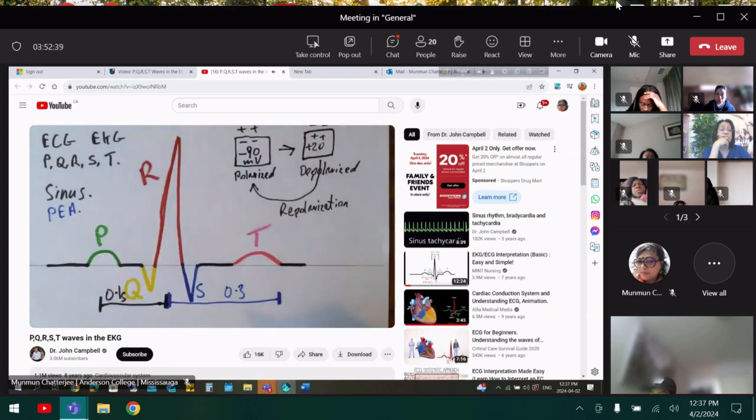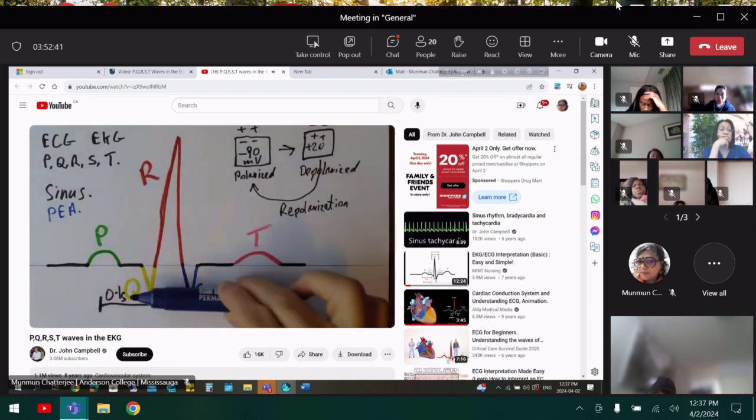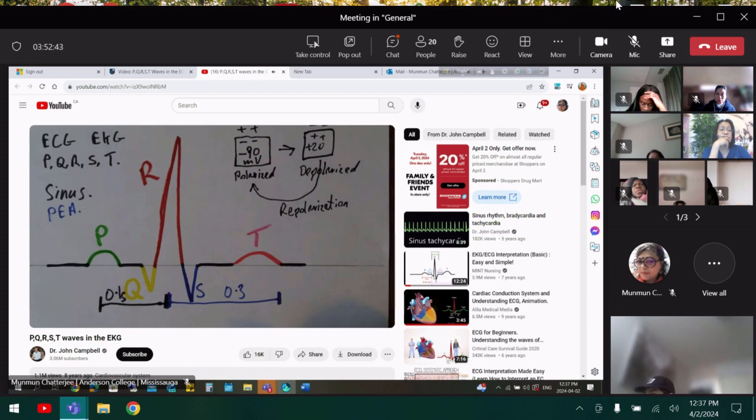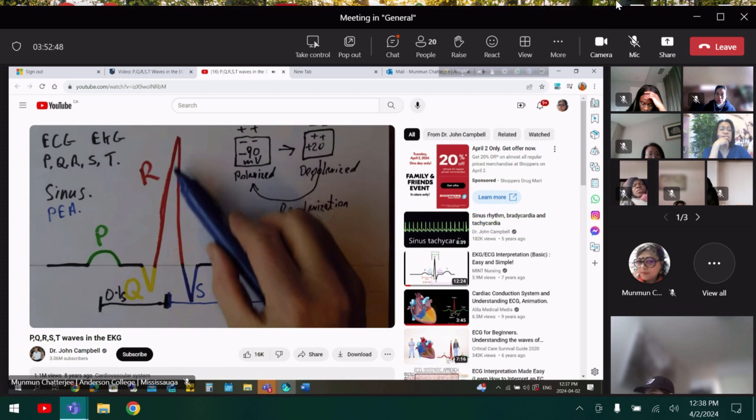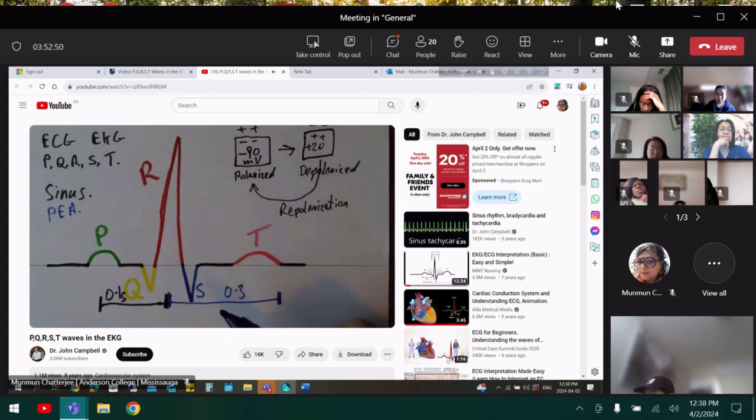In pulseless electrical activity, you get this electrical activity in the heart, but it's not associated with any contractions. The muscle is depolarizing, but the myocardium is unable to respond kinetically because of severe problems such as exsanguinating hemorrhage. That would be the only exception, pulseless electrical activity.